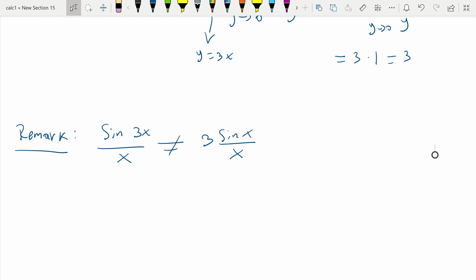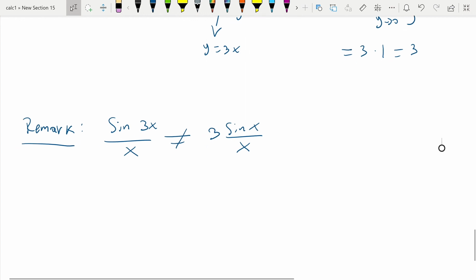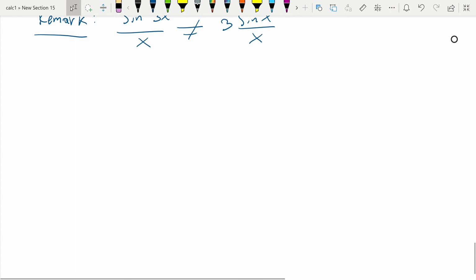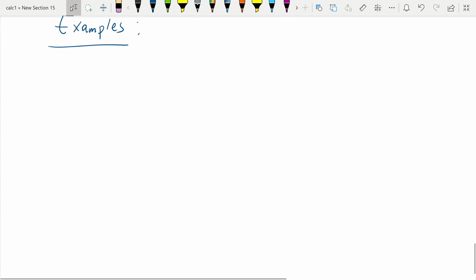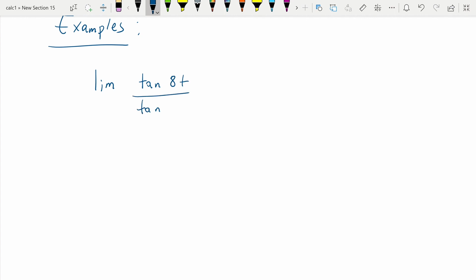All right, that is the observation. Now let's move on to some examples. Let's try to find the limit of sine of 4t divided by the tangent of 7t as t goes to 0.